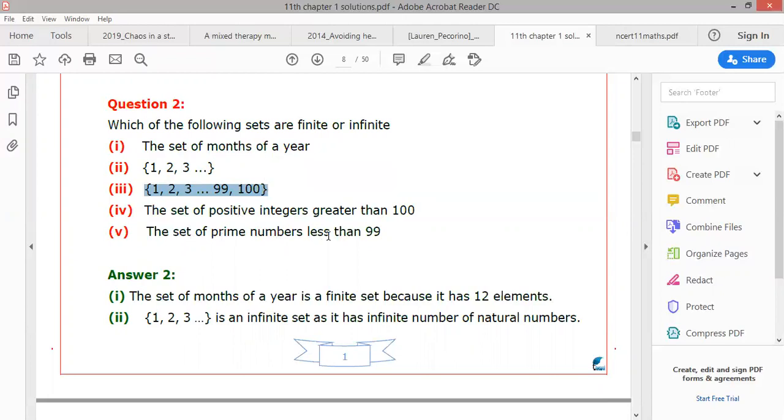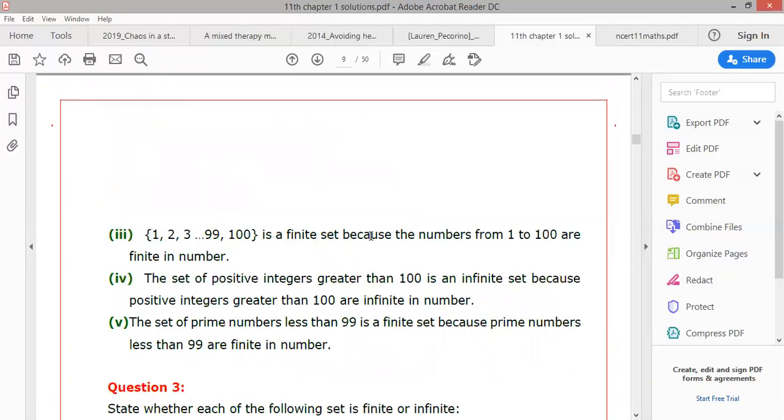The set of prime numbers less than 99, you know, starting from 2, 3, 5, 7 and so on, and you can check what is the last prime number below 99. So this set has finitely many elements.